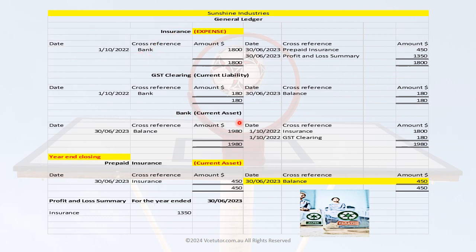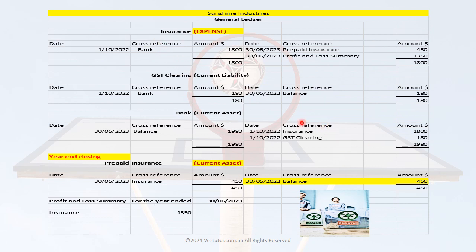Here in the classroom, it can be so easy because everything is in one page and you can see the example of each ledger account. But in reality, the ledger pages will be for each account. It may be running into different pages. So insurance can be on one page and bank account can be somewhere else in the same ledger.